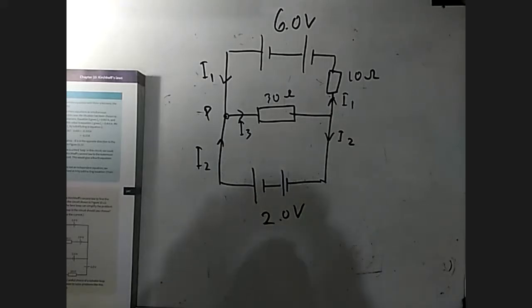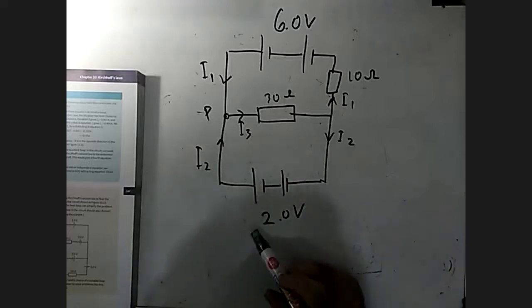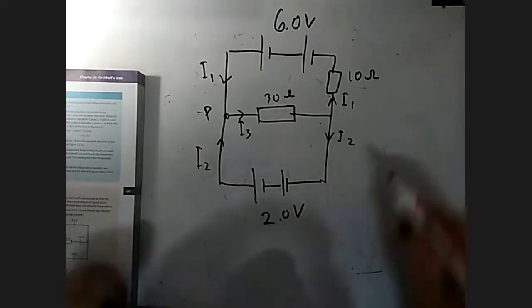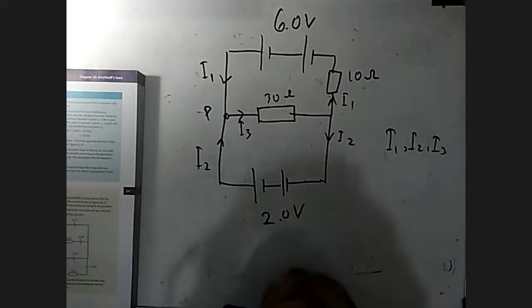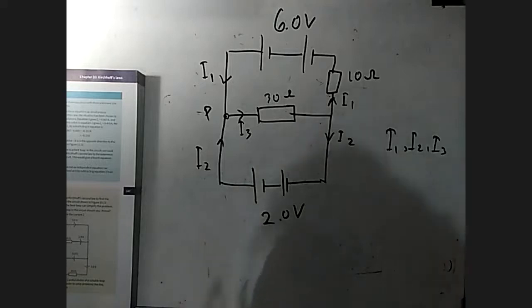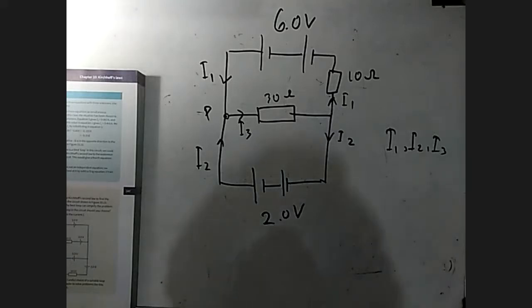So, based on point P here, make me an equation relating current number 1, current number 2, and current number 3. Use Kirchhoff's first law. What is Kirchhoff's first law in words? Kirchhoff's first law is the sum of the currents entering any point in the circuit is equal to the sum of the currents leaving the point.